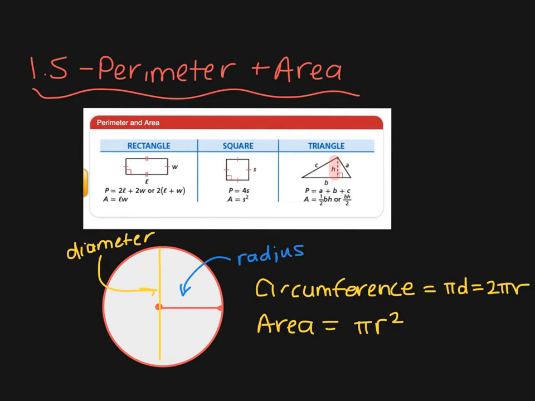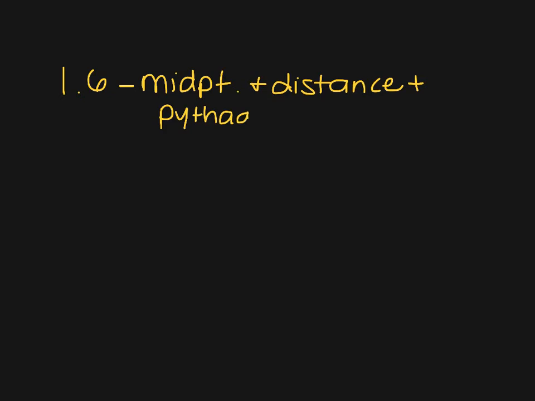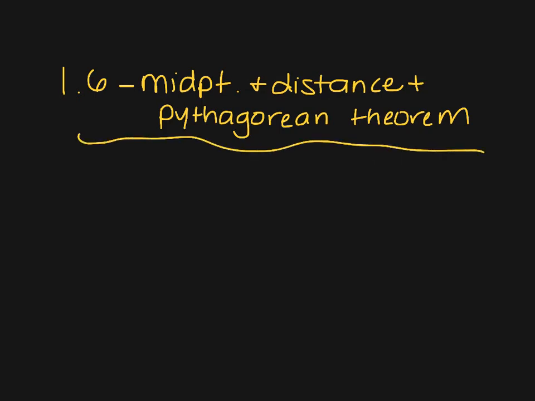And then the last section in 1.6 was your midpoint and distance formulas, and Pythagorean Theorem. So three formulas here.